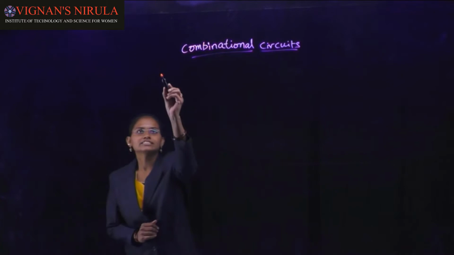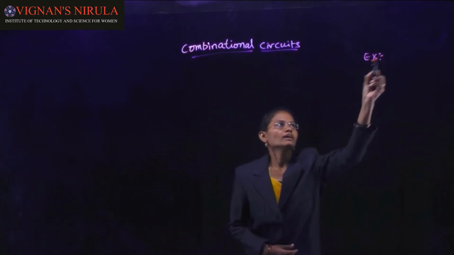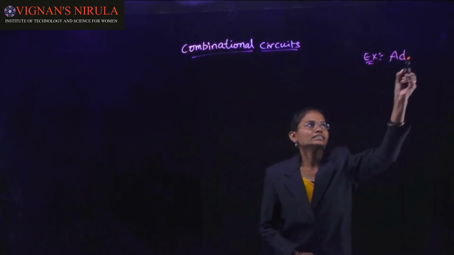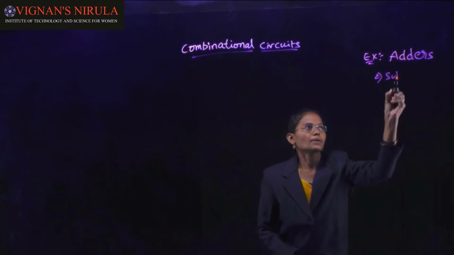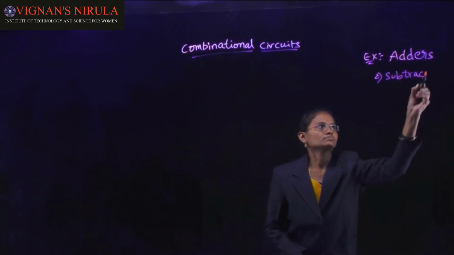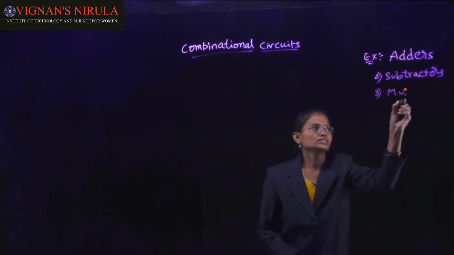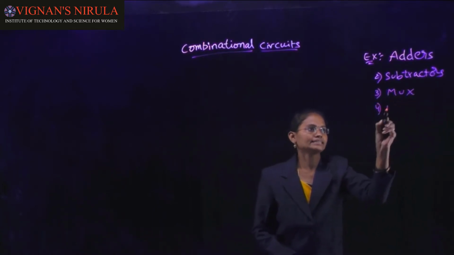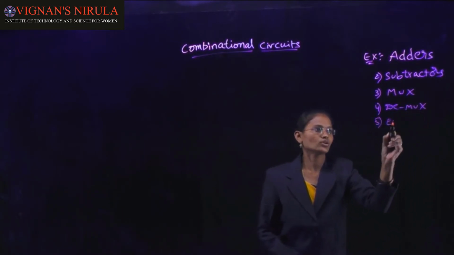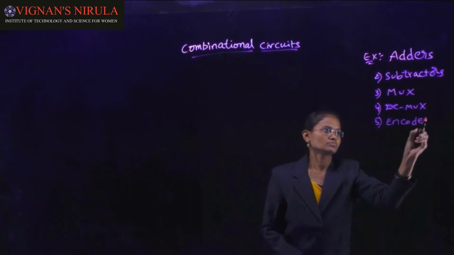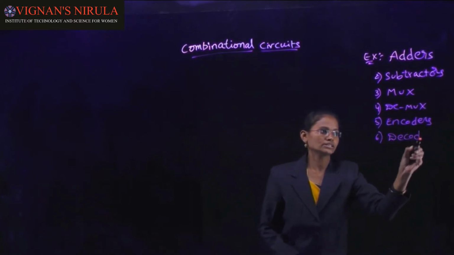Examples of combinational circuits: the first one is adders, the second one is subtractors, the third one is multiplexers and demultiplexers, the fifth one is encoders, and the sixth one is decoders.